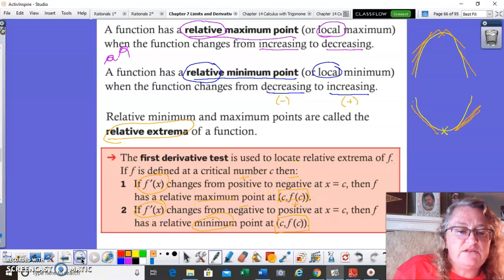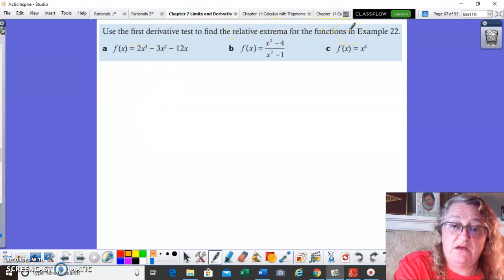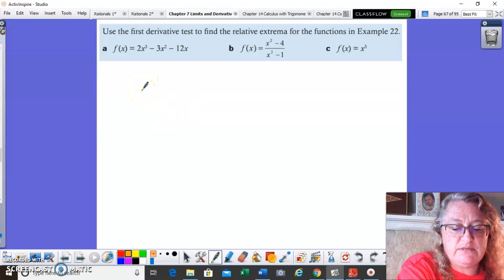Okay, so let's go ahead and take those functions that we dealt with before, and let's apply the first derivative test. So use the first derivative test to find the relative extrema, or the extreme points of those functions. So the first thing I'm going to do is go back and look at the work we did originally.